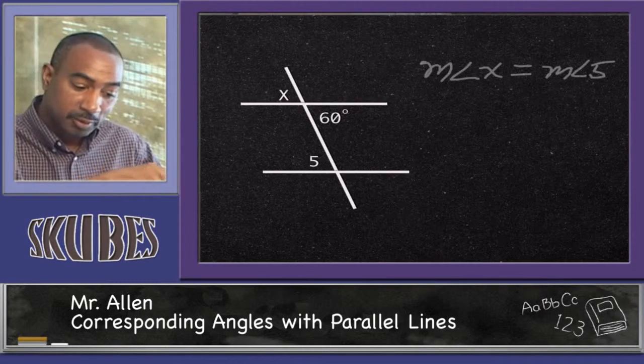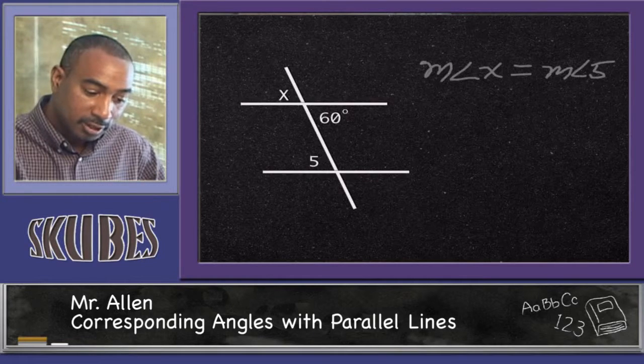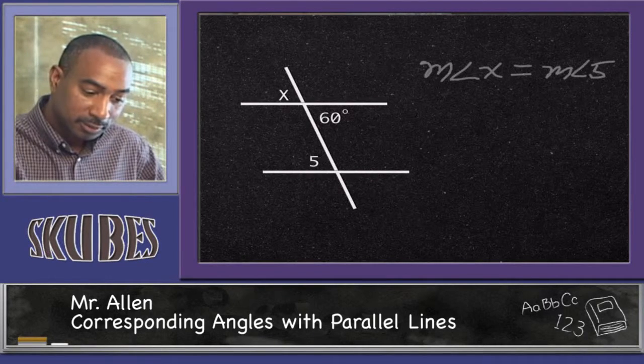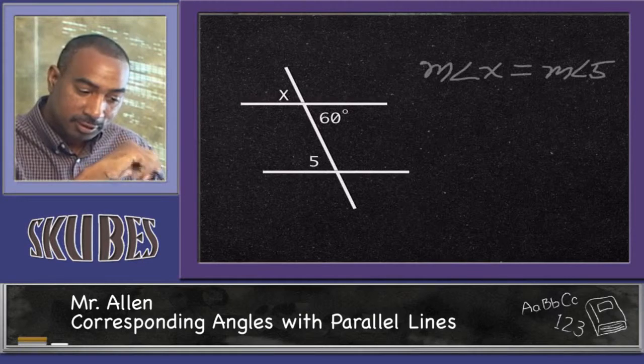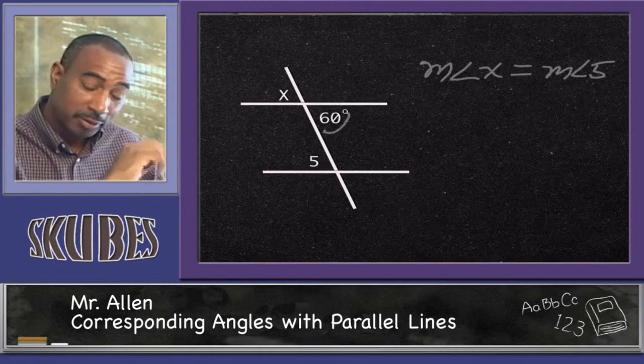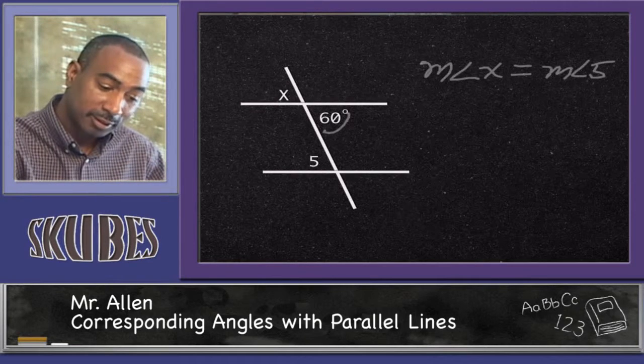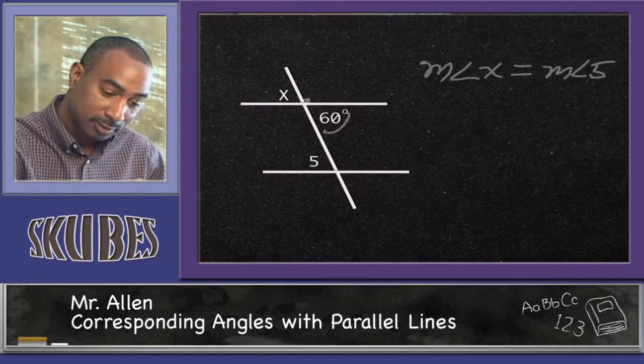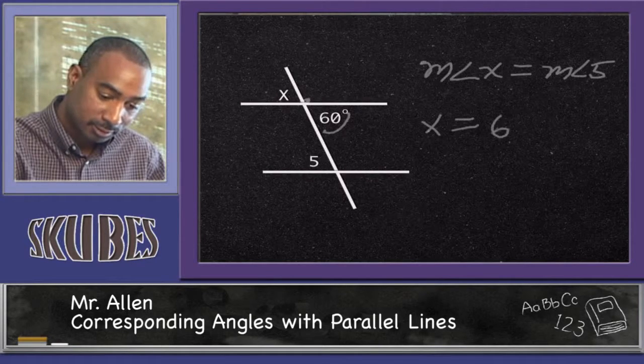In the previous lesson, we know that 5 is an alternate interior angle to this angle, 60, and they're congruent. And in the lesson before that, we know that these are vertical angles. So right away, we know that x has to equal 60 degrees.